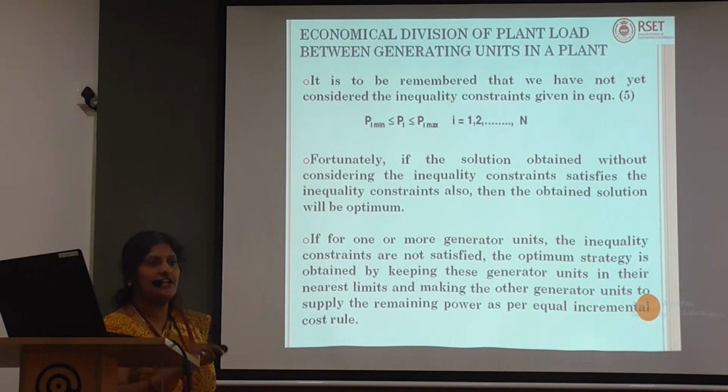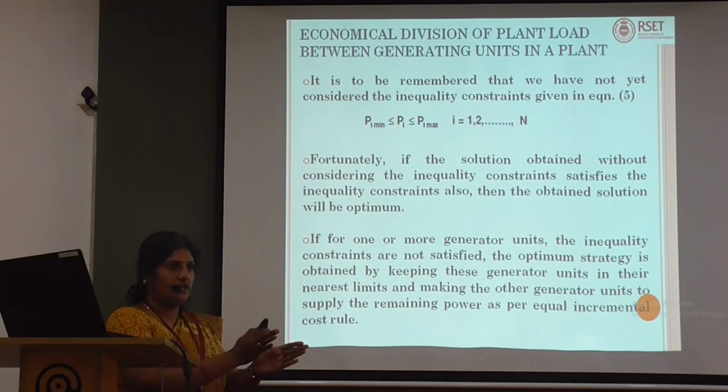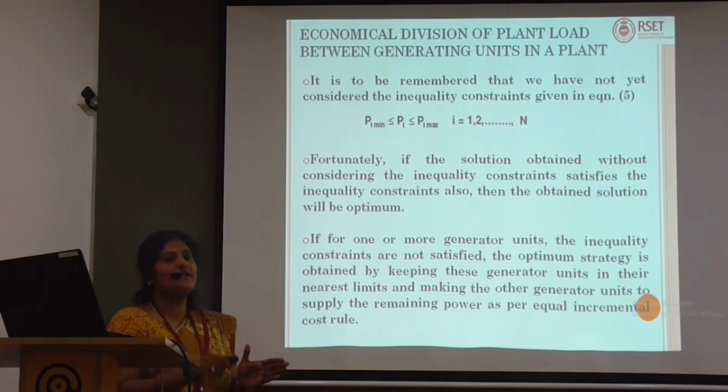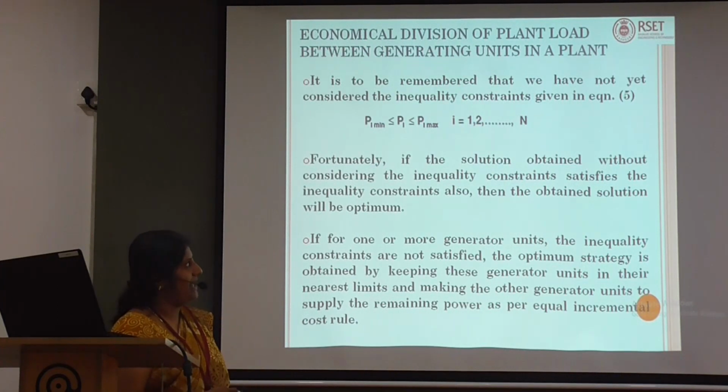Once that unit generation is fixed, the remaining load has to be distributed among the remaining units with the same criterion, that is, equal incremental cost. So we fix the generation of the plant that is violating the limit while the load is distributed among all the other plants.